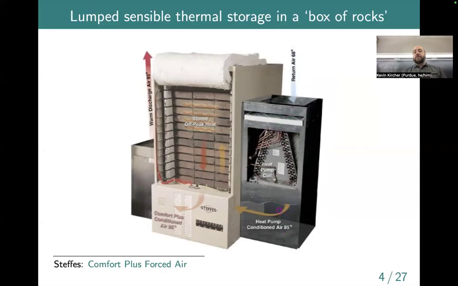Then you would push that 85-degree air through these hot bricks, which might be at a couple hundred degrees Fahrenheit. And you get an outlet temperature here of around 95 degrees Fahrenheit, a more comfortable supply air temperature. So in this illustration, we have the heating from the heat pump working in parallel, at the same time as the heating from the thermal storage system.